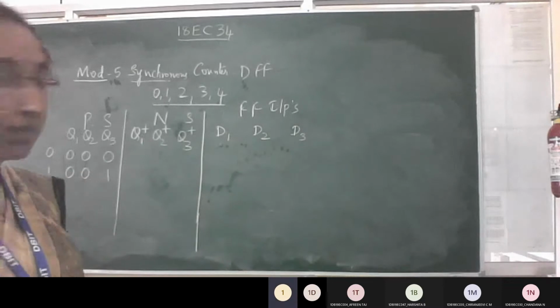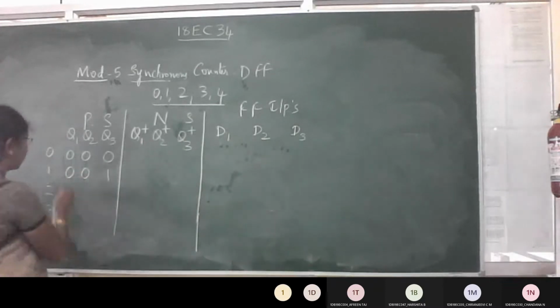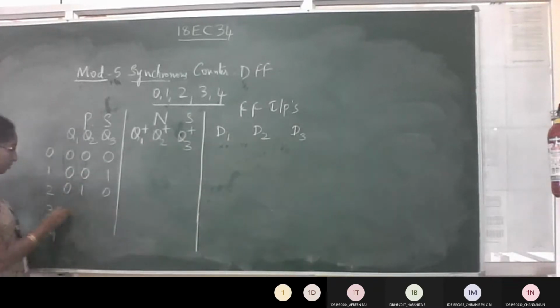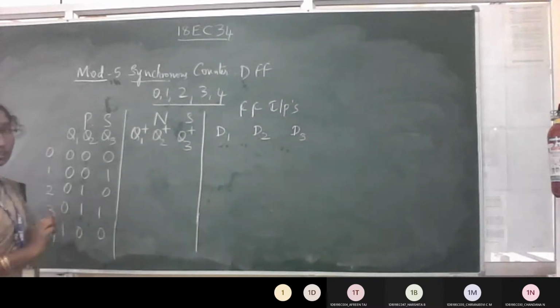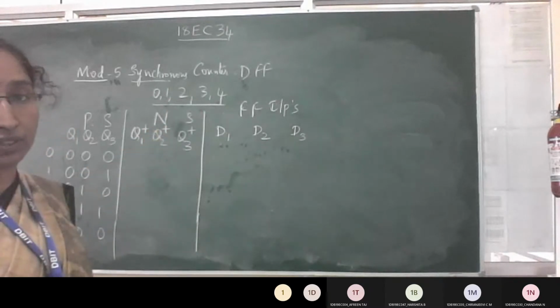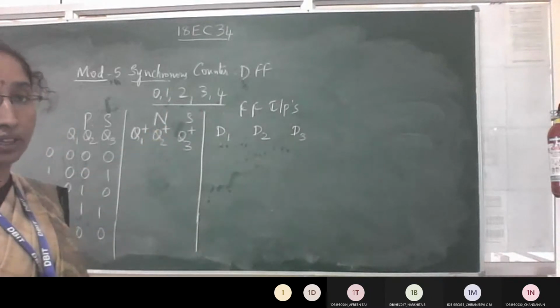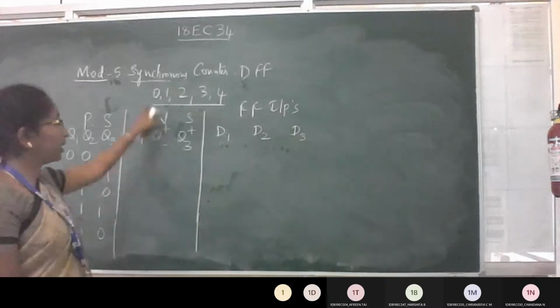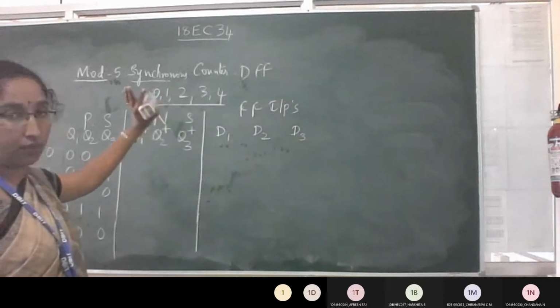Yes, ma'am. Okay, next 2 in 3 bits, 010. 3 in 3 bits, 011, and 4 is 100. These states can be anything. You can take them continuously or you can take a random sequence. Both are correct. But keep a practice of taking the straight sequence itself.